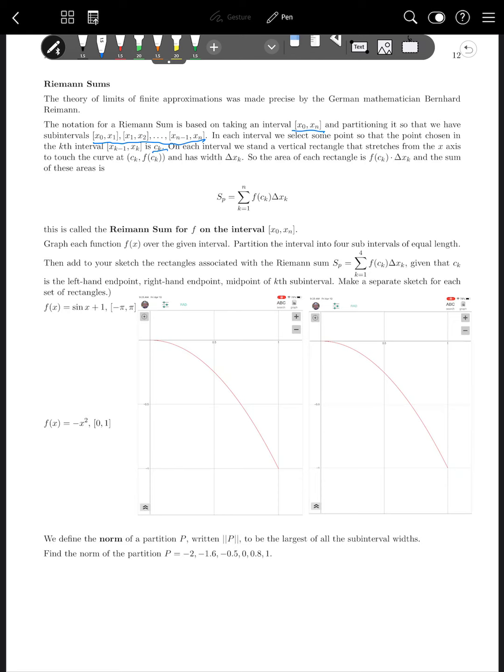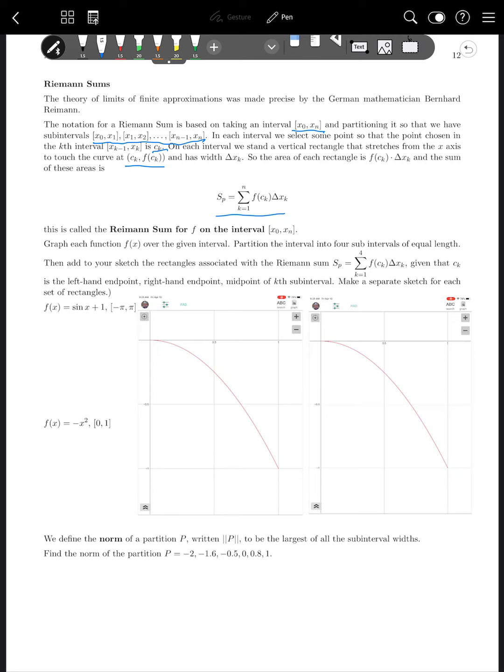On each interval, we stand a vertical rectangle that stretches from the x-axis to touch the curve at c sub k, f of c sub k, and has the width delta x sub k. So the area of the rectangle is f of c sub k times delta x sub k, and the sum of these areas is written like this.